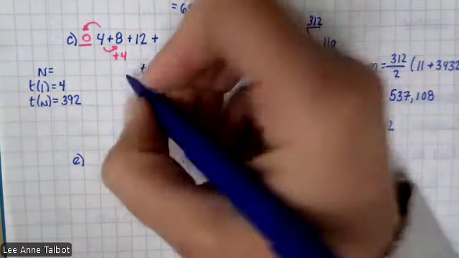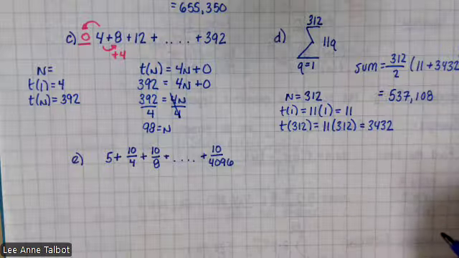So 392 is 4 times how many spots plus 0? Oh man, I have left 0 room to find the sum. That's cool.